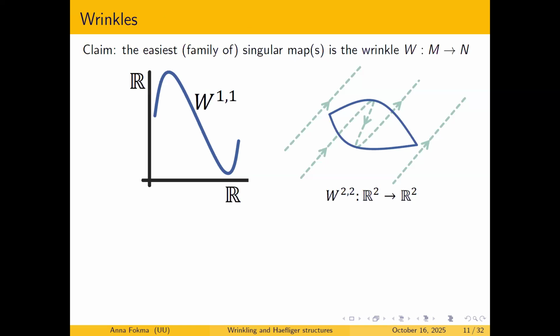Now, I don't want to show you the equation, because I don't think that's very useful. Instead, I've drawn the graph of the 1-1 wrinkle, which is just a map from R to R. It looks like what you see on the left. I've also drawn the image of the 2-2 wrinkle going from R2 to R2. Maybe that needs a little bit more of an explanation.